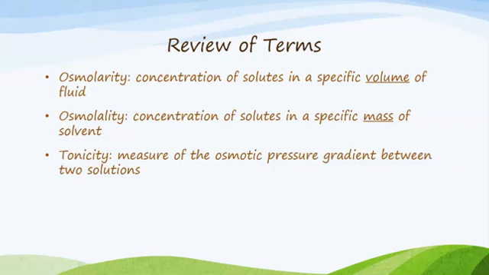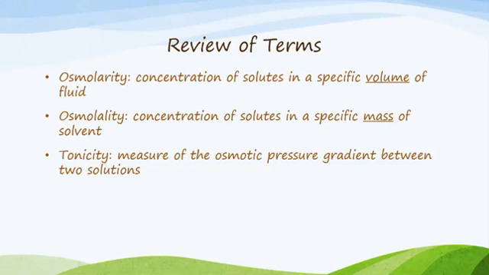Osmolarity is looking at all of the solutes, so it's not distinguishing between the ones that can or cannot penetrate the semipermeable membrane. It's looking at everything all together. However, tonicity is going to be comparing concentrations, but it's only going to be looking at solutes that cannot cross the semipermeable membrane.